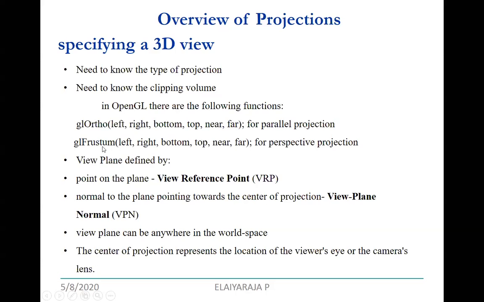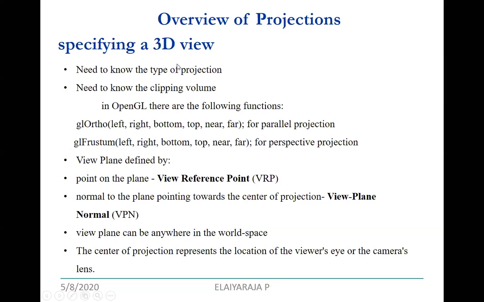And where we used this glFrustum was in the cube program, when you are going to view the cube in 3D view. So for glFrustum perspective projection, we specify left, right, bottom, top, near, far values.